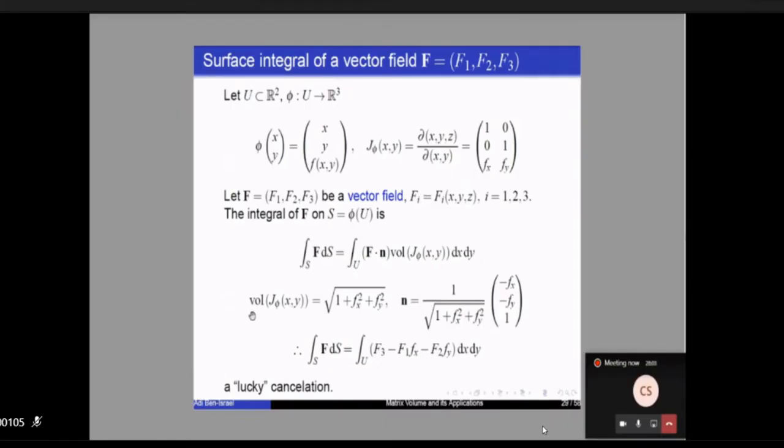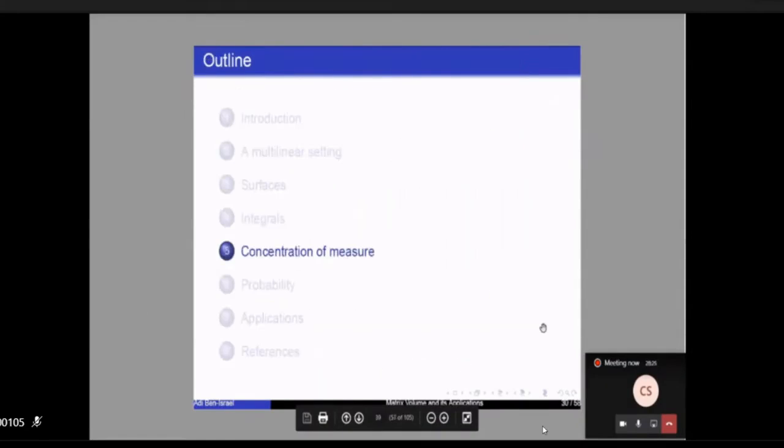And here is a magic trick. The volume is the square root of 1 plus f_x squared plus f_y squared. The unit normal has the same square root in its denominator, so we get a wonderful cancellation, and the integral of f dS over S is the integral over U of a simpler expression, and the square root disappeared.